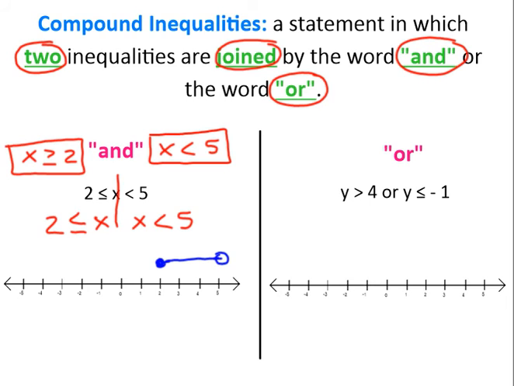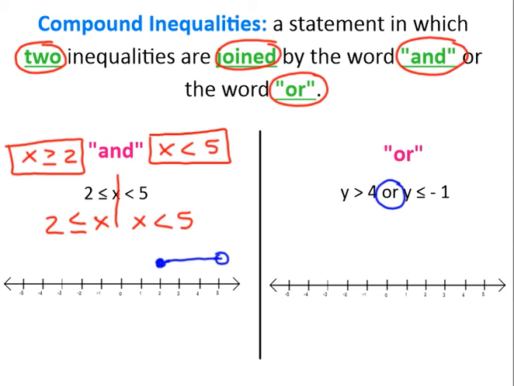Okay. Let's take a look at an or statement. So or statements are a little easier because they're already separated for you, and the word or will be in there already. Okay, so y is greater than 4 or y is less than or equal to -1. And all you're going to do is you're going to graph them. With an or statement, one graph is going to go out to the left and one graph is going to go out to the right.